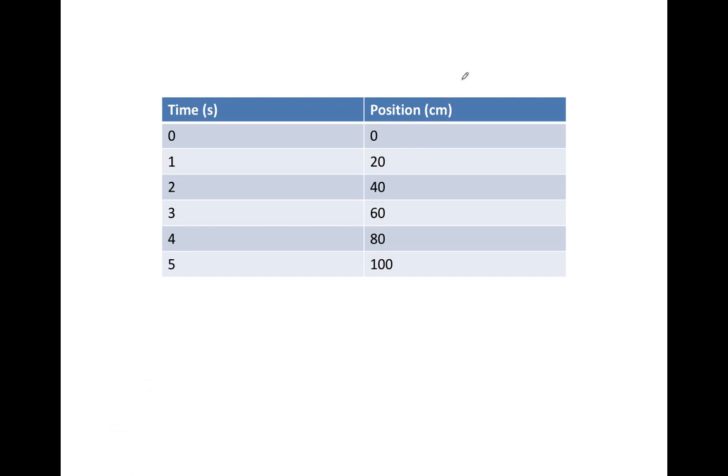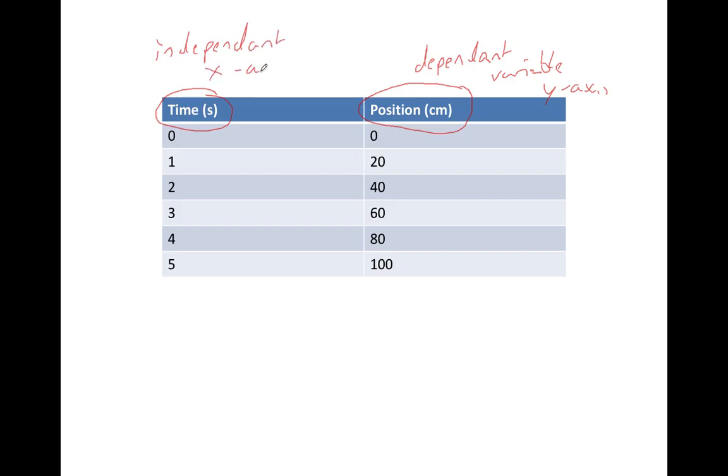So position is generally the dependent variable, and it's plotted on the y-axis. Time is considered the independent variable, and it's plotted on the x-axis.